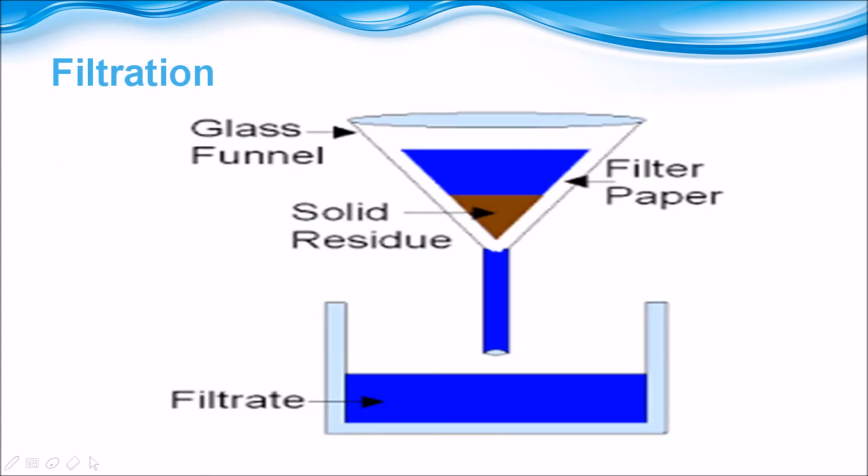So let's look at this diagram. In this process, we will use the glass funnel and the filter paper. So after a few minutes, the particulate matter is trapped in the filter as the water percolates through the filter.